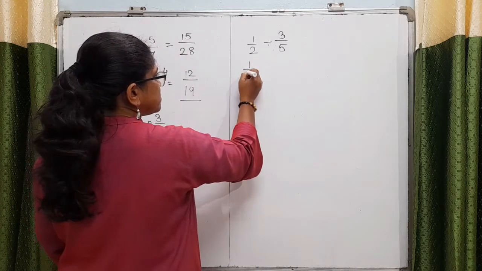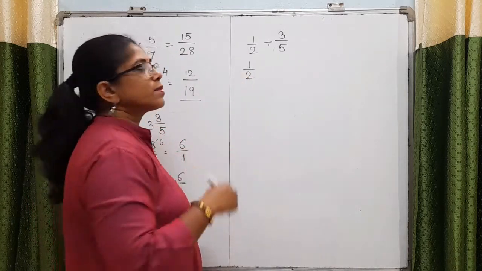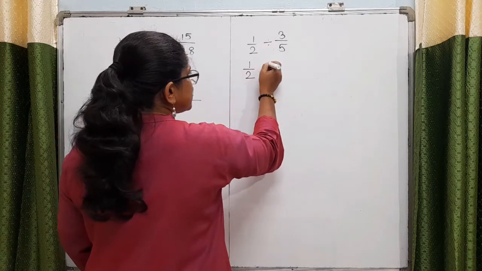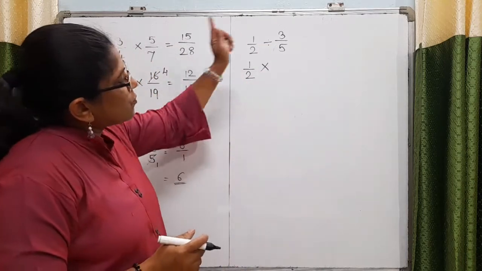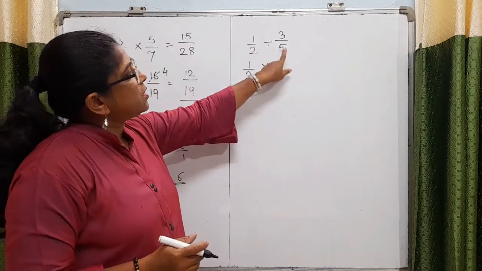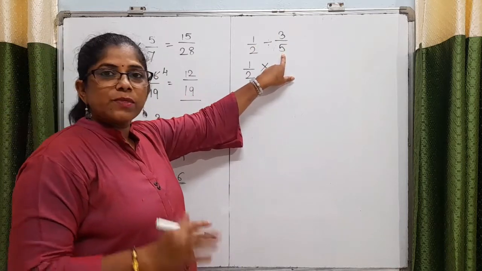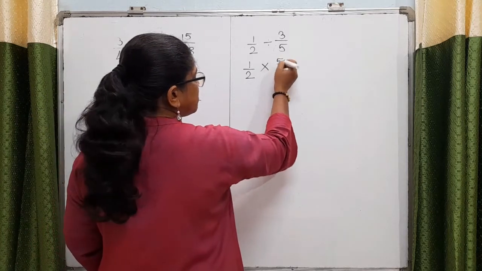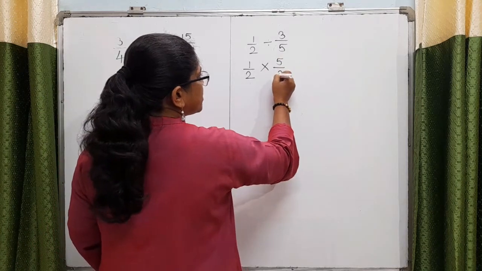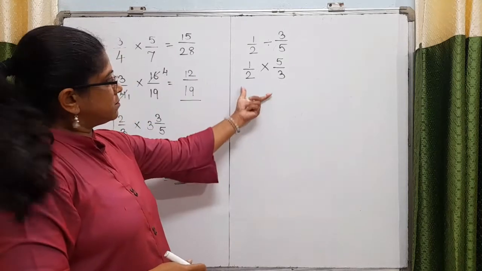First fraction, write as it is. Change this division sign to multiplication, and the fraction which is immediately after this division sign, we have to take reciprocal of that. Reciprocal means numerator becomes denominator, denominator becomes numerator.